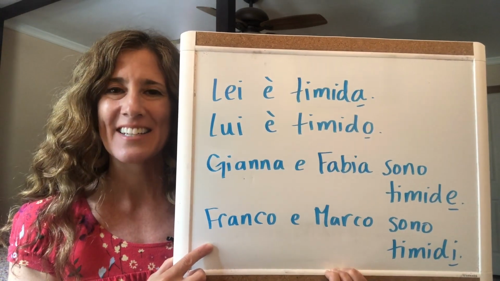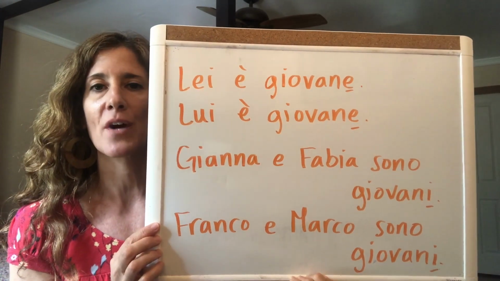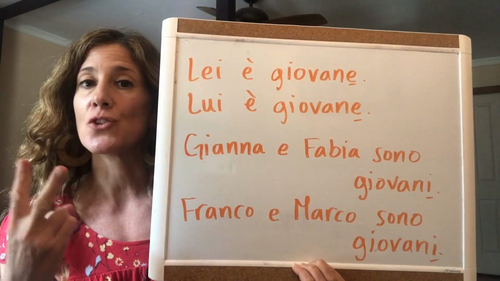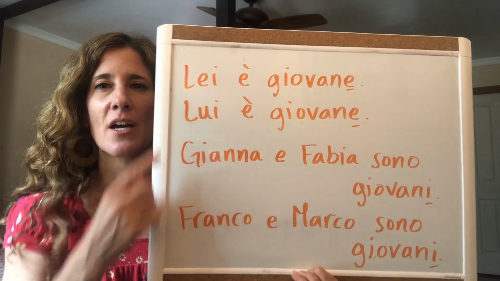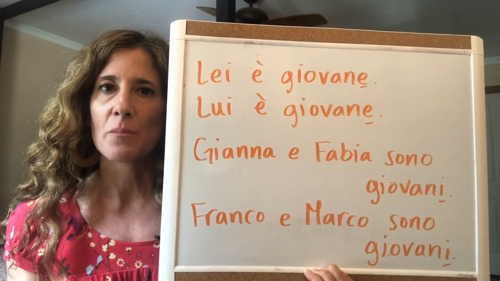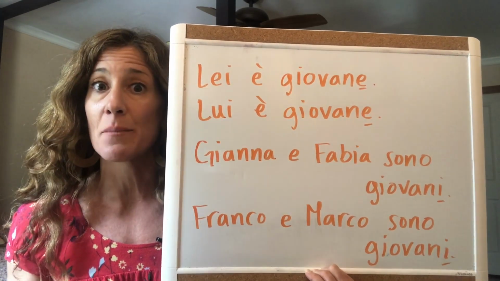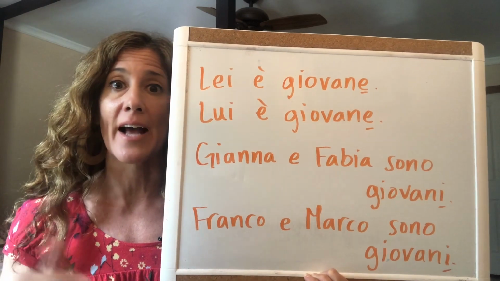Va bene. Now we'll talk about the adjectives that end in E and what they do. So now we're going to take the adjective giovane, which means young, okay? And these are the 4, actually only 2 possibilities. We've got lei è giovane, lui è giovane, because there's no gender distinction when it ends in E. So you're going to use the same singular adjective for both a guy and a girl.